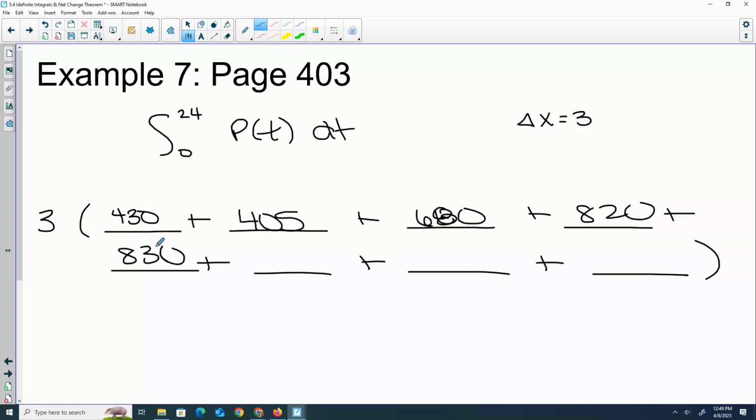Just barely higher than the previous one. Between 15 and 18. Yeah, somewhere thereabouts. Between 18 and 21. 605? 705. And between 21 and 24. 590.